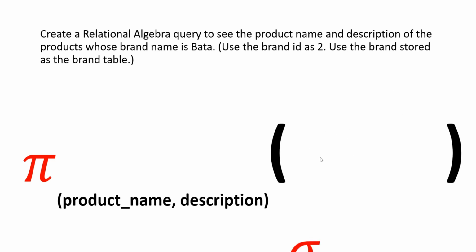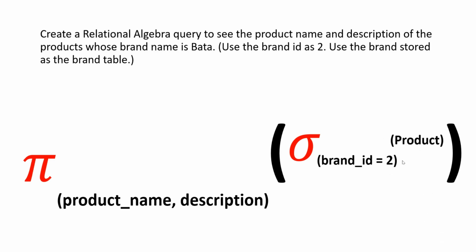We are going to put a selection operator and then give it a condition, brand ID is equal to 2. And then in here we need to give the table to get this particular data, so the product table.